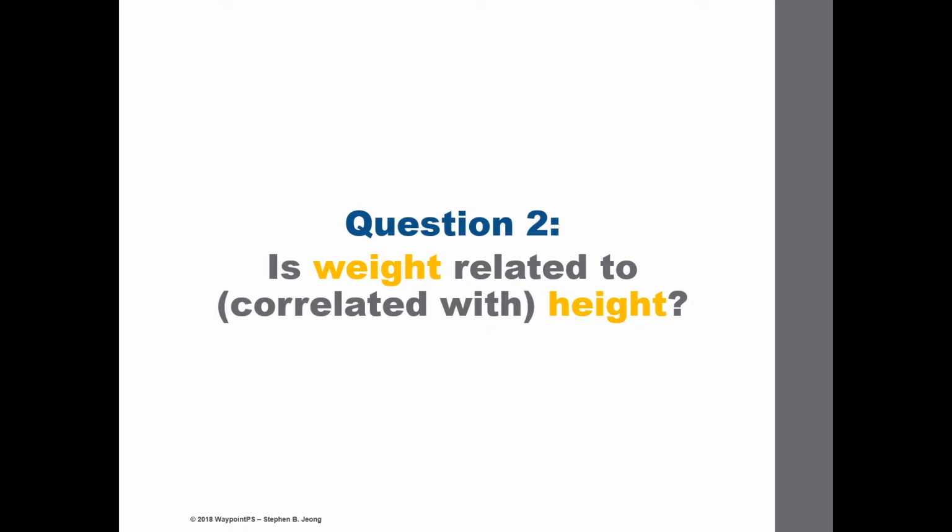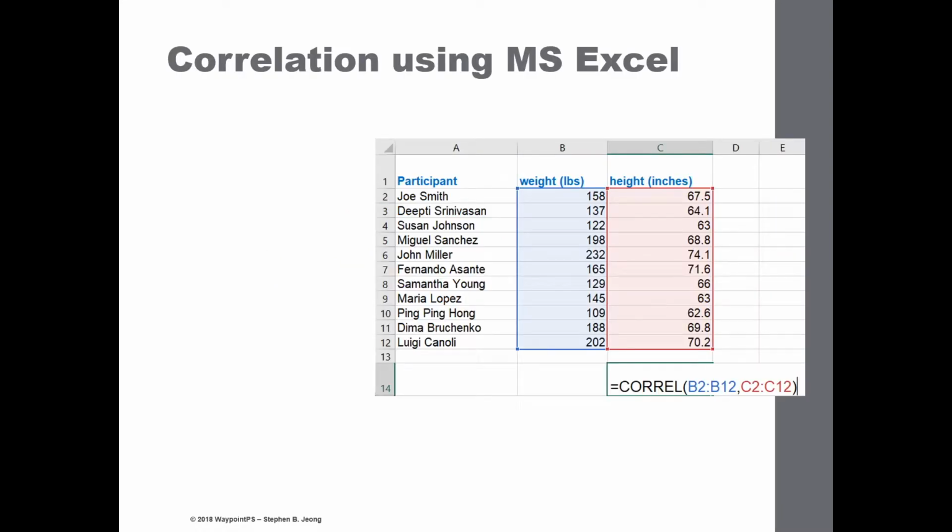Second question: is weight related to or correlated with a person's height? The question is, do taller people tend to be heavier than shorter people? Again, here I'm using the same group of people, Joe, Deepti, and so on, in column A, and you'll see that I changed the variables to weight and height in columns B and C. Same steps.